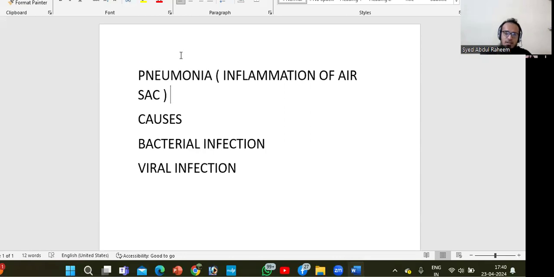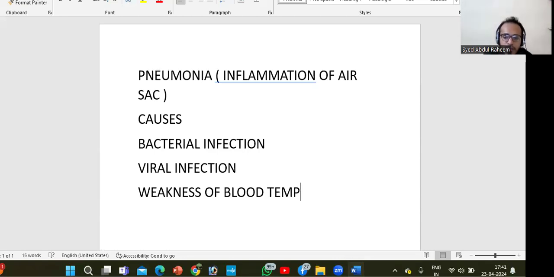Bacterial infection, viral infection. In electrohomeopathy, what can we assume? We can assume that, because the lungs are important organs in the blood temperament, because they purify the blood, the lungs are the purification area of the blood.